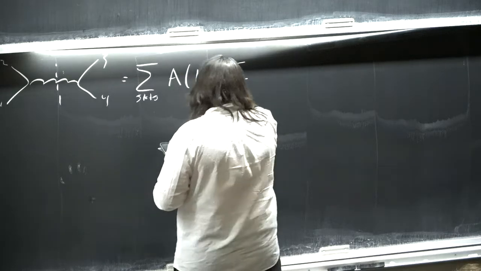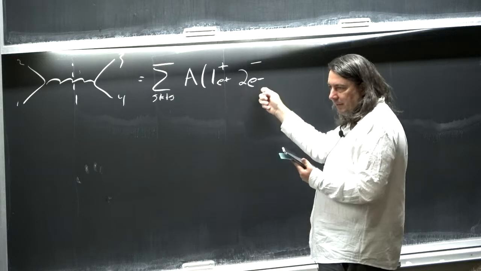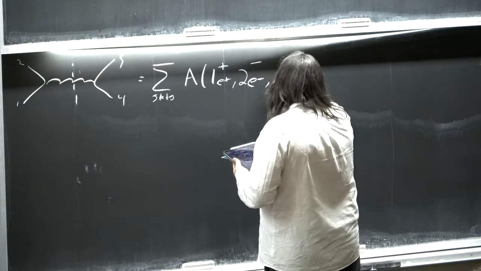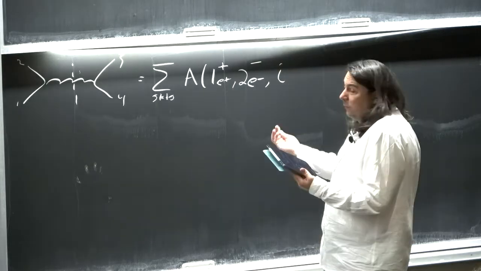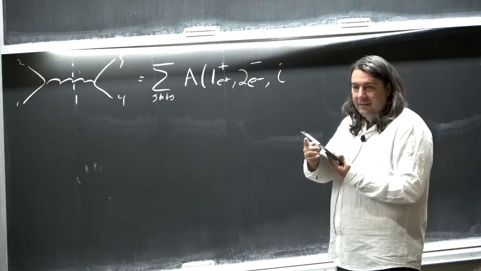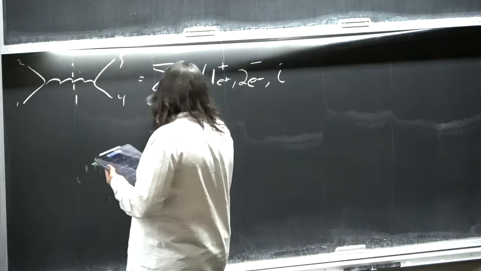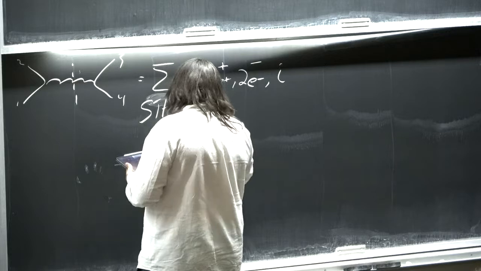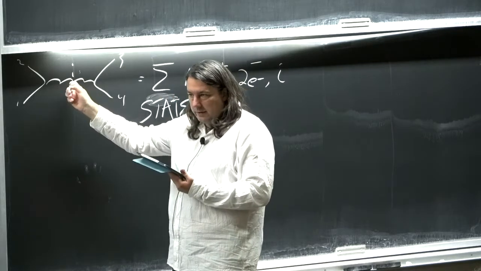Let me know if you can't read my subscripts. I'm just giving a subscript to remind myself that this is a positron, a subscript to remind myself this is an electron, and then I have to label this internal momentum something. I'll give it an I. Hopefully nobody thinks that's a phase. It's just an I for internal. So I'm summing over physical on-shell states this gluon could take.